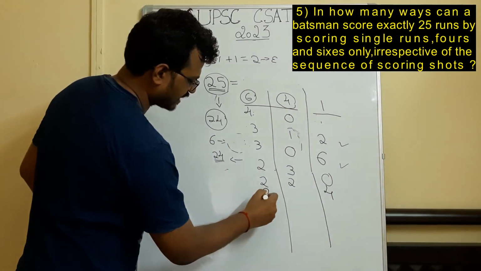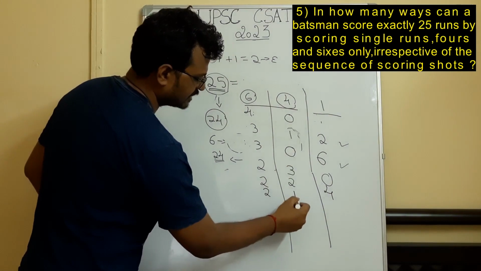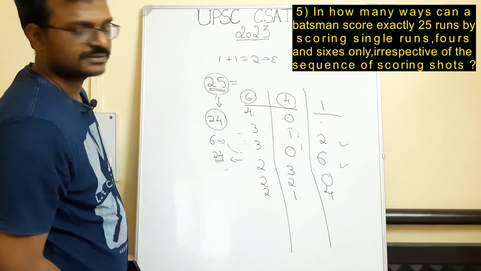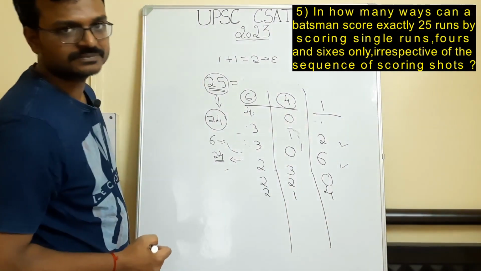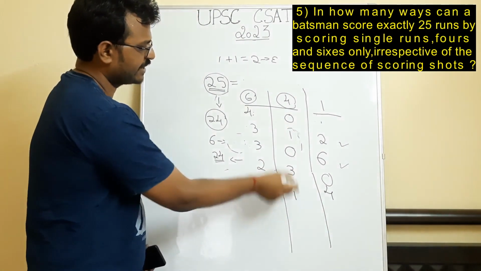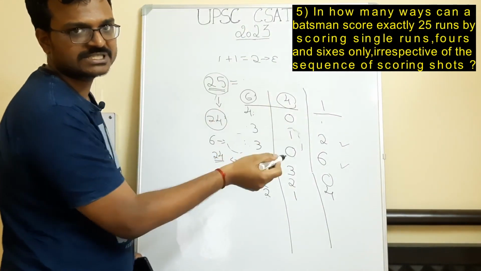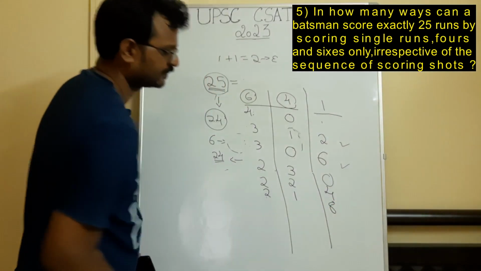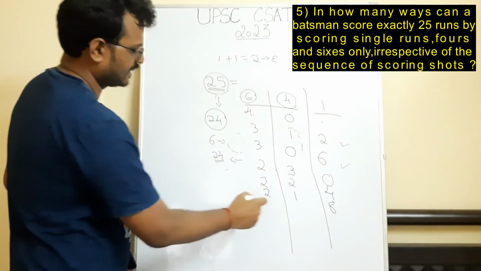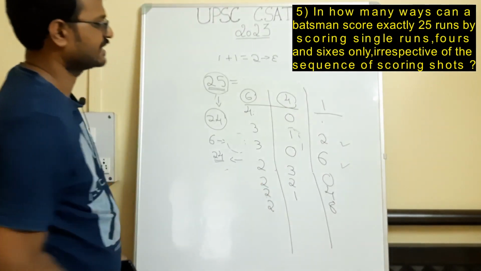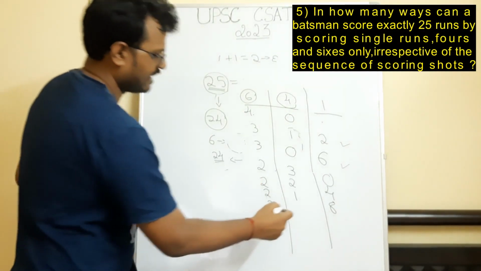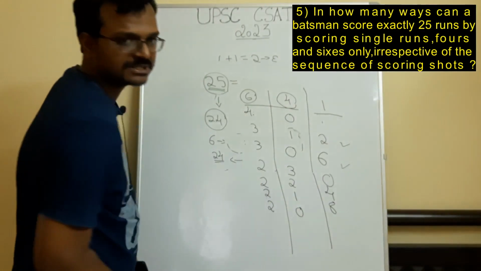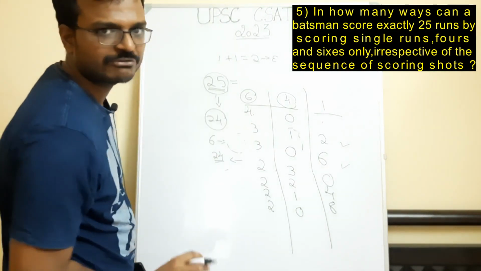Similarly, when 6 is twice and 4 appears once, we get 6 into 2 is 12, 1 into 4 is 4, 12 plus 4 is 16, 24 minus 16 is 8. So 1 appears 8 times. That is one possibility. Again we get one more possibility where 6 is twice and 4 appears 0 times, and the rest is filled by 1s.